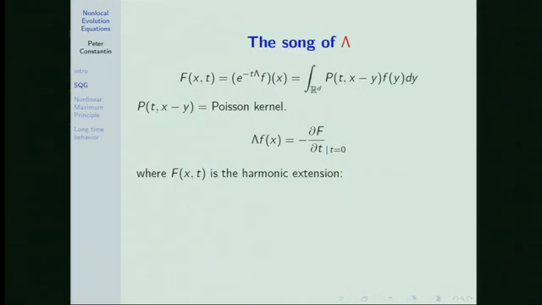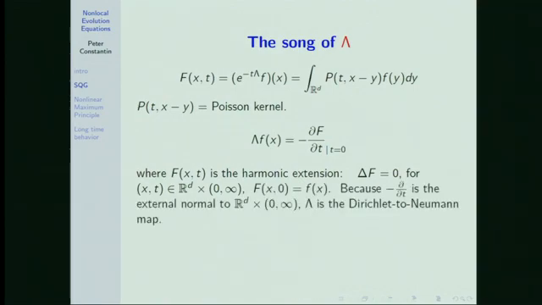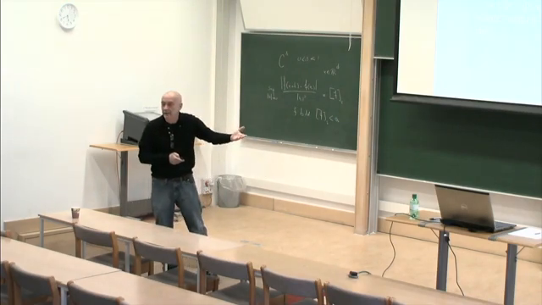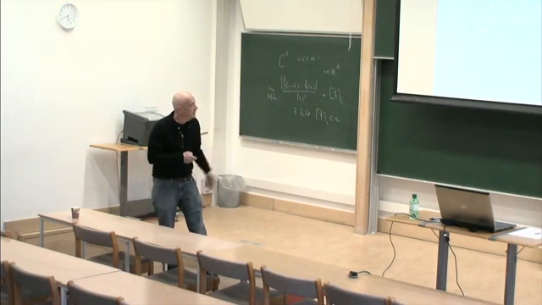So f is simply the harmonic extension in the upper half plane. So Laplacian f is 0. F equals little f on the boundary at t equals 0. And therefore, because minus d/dt is the external normal to the upper half plane, lambda is the Dirichlet to Neumann map. Takes you from the Dirichlet data, you solve Laplace, look at the normal derivative, that's lambda. Okay? Very familiar, actually. And because of the Poisson integral, very familiar.